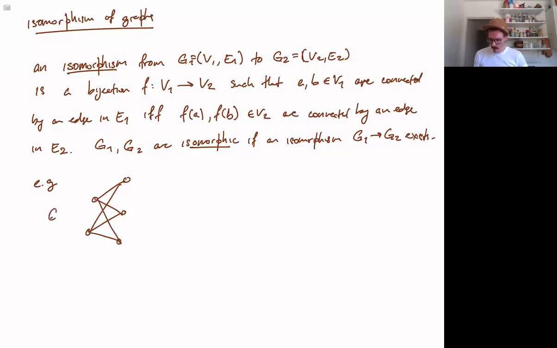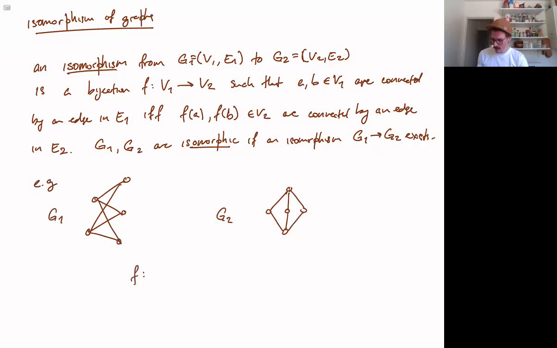So this is G1, and G2 is this graph, looking like this. So the question is, are these two graphs isomorphic? And the answer is yes.